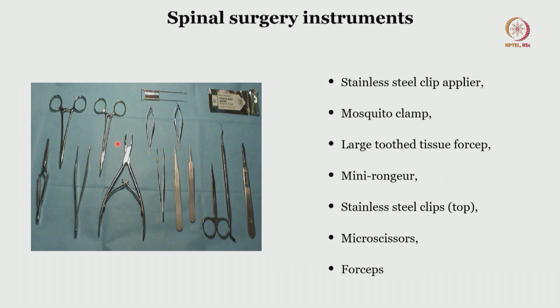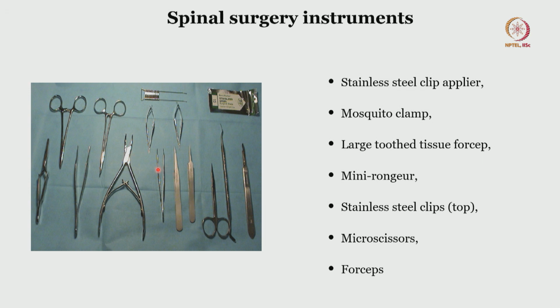Here from top to bottom we have listed the steel clip applier and the mosquito clamp, but as per the exposure, the first thing that would come is the knife, that is the handle with the blade, and then the dissecting scissors, and then you have tooth forceps and non-tooth forceps. Then you have the bone rongeurs.